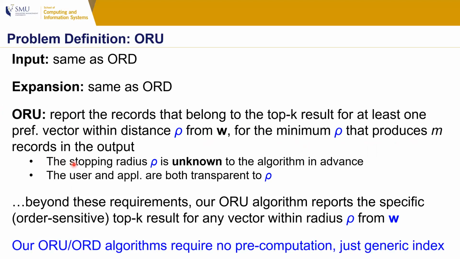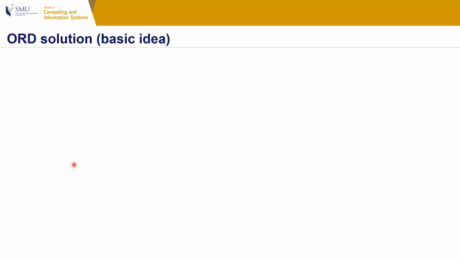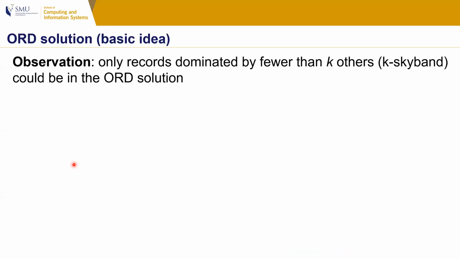One important note for both our ORU and ORD algorithms is that they require absolutely no precomputation. They only need a general purpose index, such as an R-tree, built on top of our dataset, on top of our records.